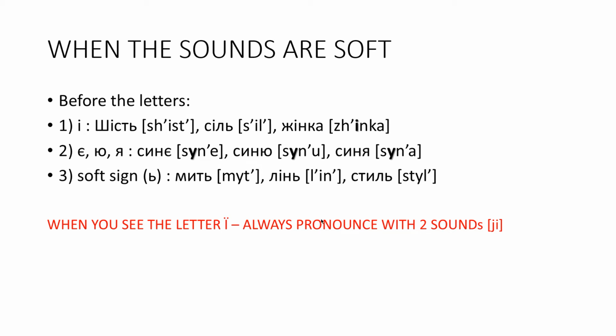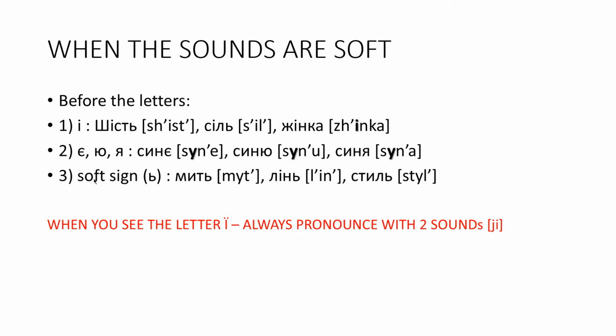I have already told you in the previous video why these letters can be pronounced in a 2-sound way. But when there is no apostrophe or other cases that I mentioned, we pronounce it like 1 sound, and these 3 sounds also soften the consonant that stands before them.